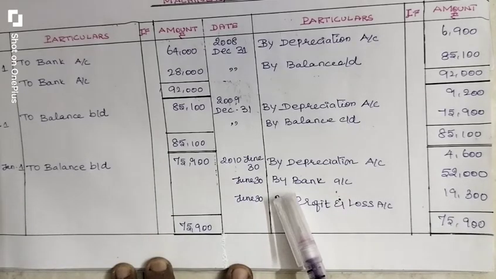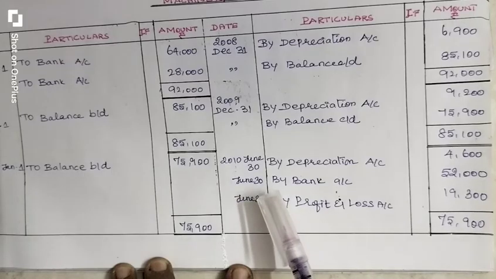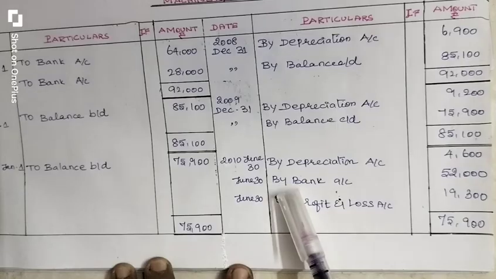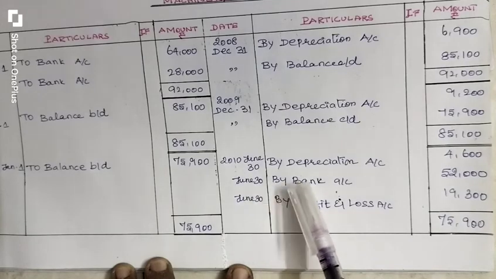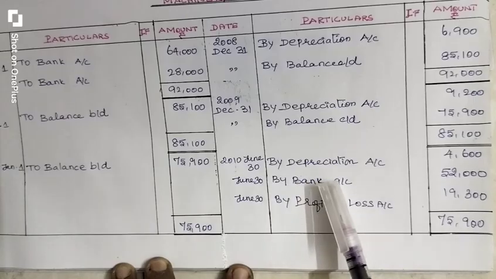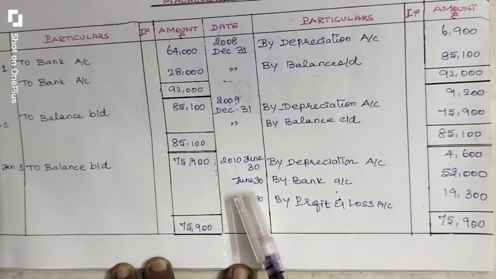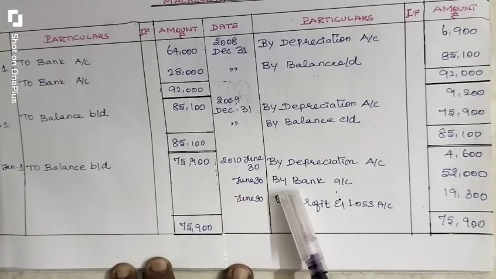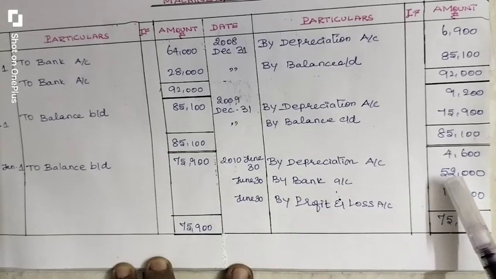That means bank account debit to asset account. So where is the asset account? Asset account is on the credit side. So you go to the credit side, we have to enter the opposite account, that is by bank account. Date is already given in the transaction, that is June 30. Okay, so June 30 by bank account, they sold for 52,000 rupees.